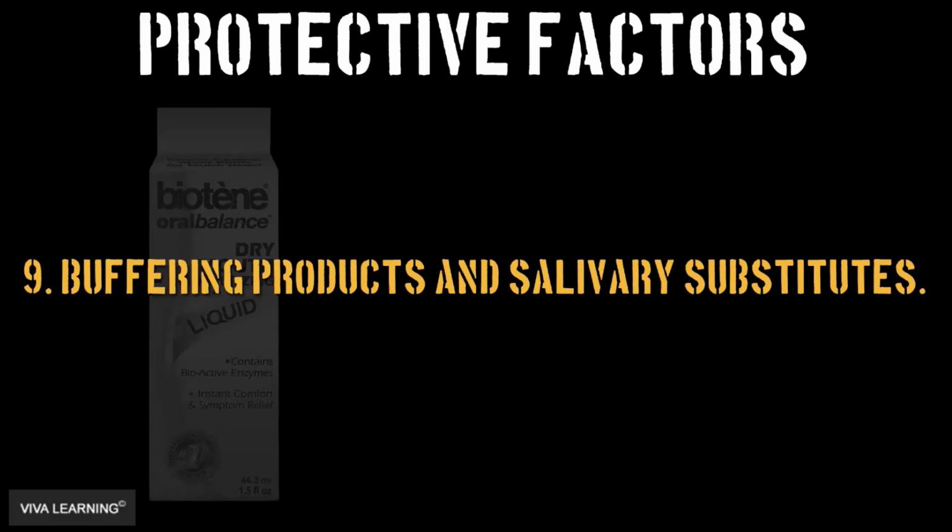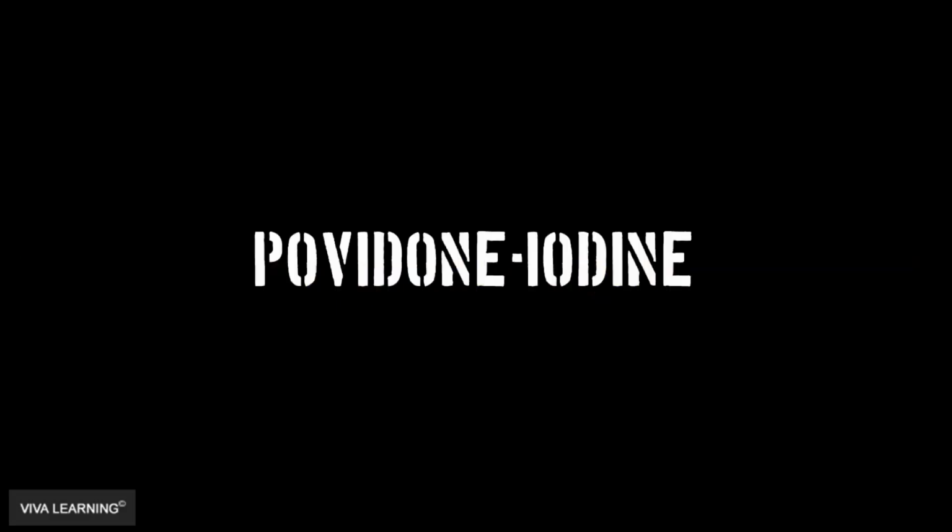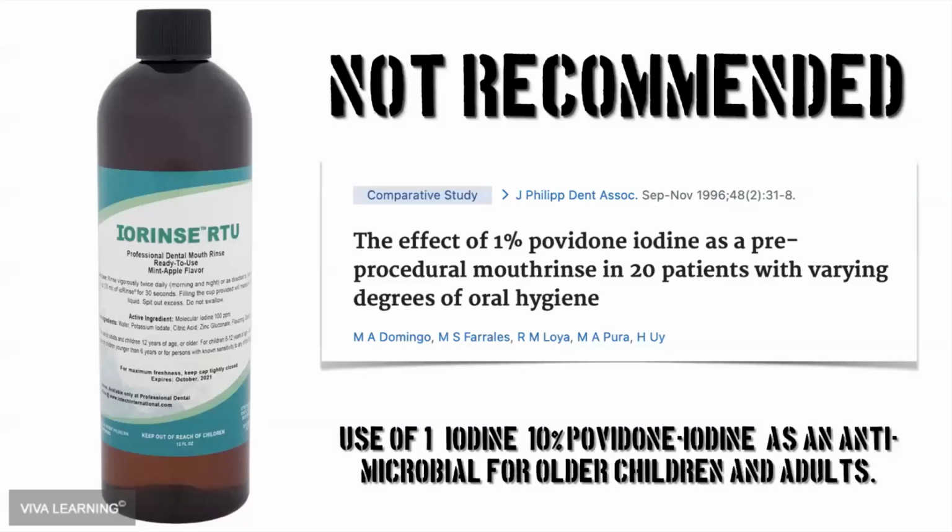And at the last minute, I added this in, the povidone iodine. This was a really big thing during the pandemic. Maybe some of you use this. There are many products out there, like IoRinse is one of them. This RTU stands for ready to use. This is not recommended for helping your patients with day-to-day bacteria.